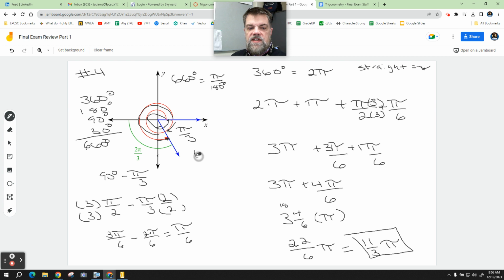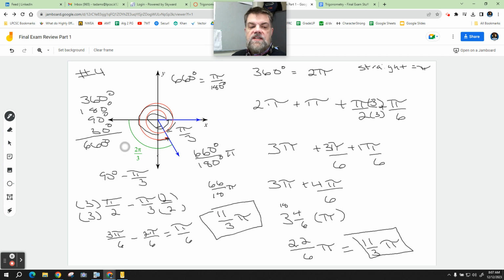And so then you would say 660 over 180 times pi. That reduces down to 66 over 18 times pi. Divide the top and bottom by 6, you get 11 over 3 pi. You could do it that way too.